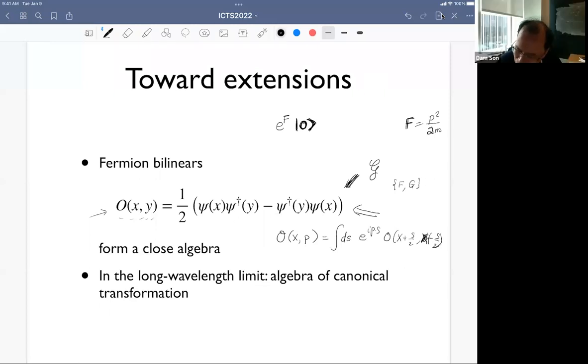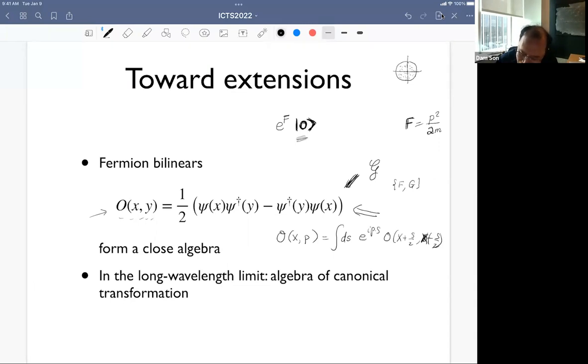So p square over 2m doesn't change the ground state. The exponent of that leaves the ground state invariant. It just changes the phase, right? We have chosen the ground state to be a state in which everything inside the Fermi surface is filled.